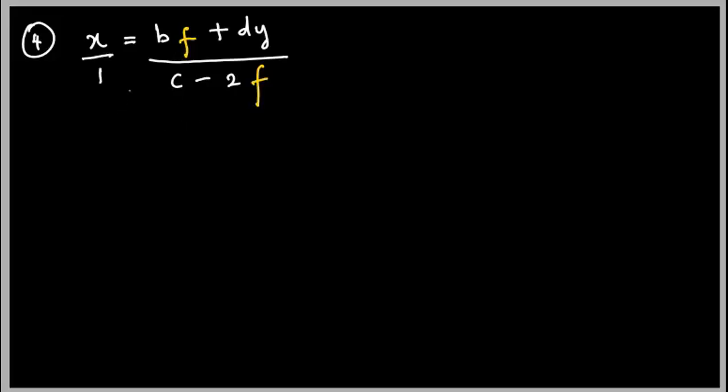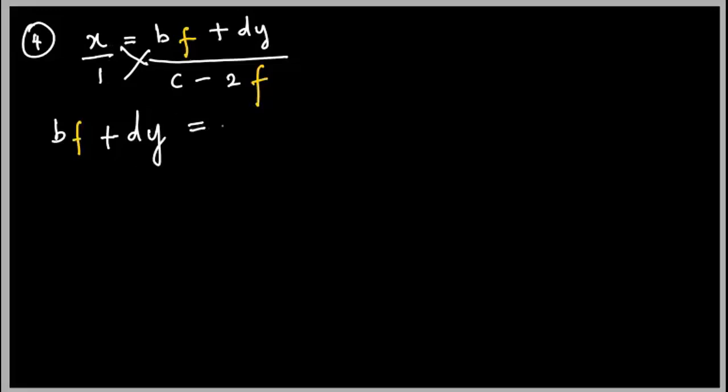So I'll have to cross and multiply. Now, df plus dy times 1 is still the same thing. Anytime multiplying by 1 is the same thing. So we'll have df plus dy equals to, now we have c minus 2f times x.